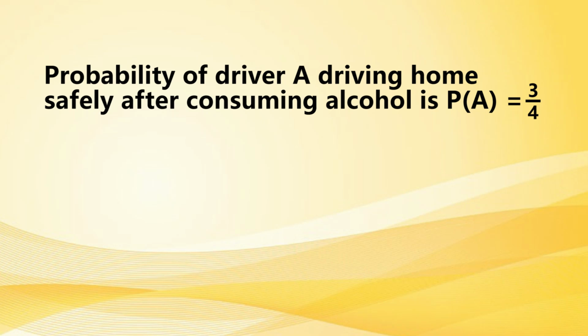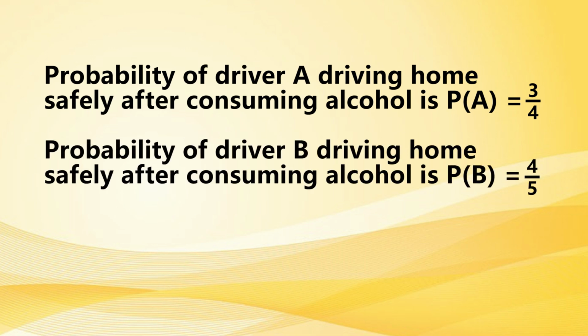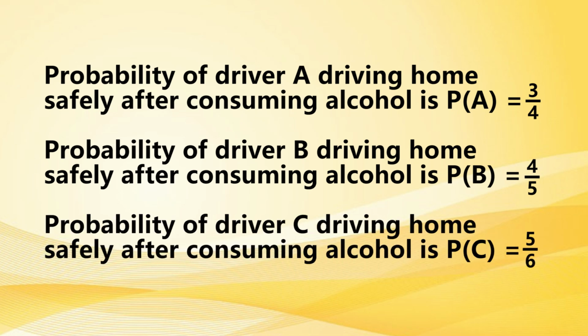From the given information, we have probability of driver A driving home safely after consuming alcohol is probability of A is equal to 3 by 4. Probability of driver B driving home safely after consuming alcohol is probability of B is equal to 4 by 5. Probability of driver C driving home safely after consuming alcohol is probability of C is equal to 5 by 6.